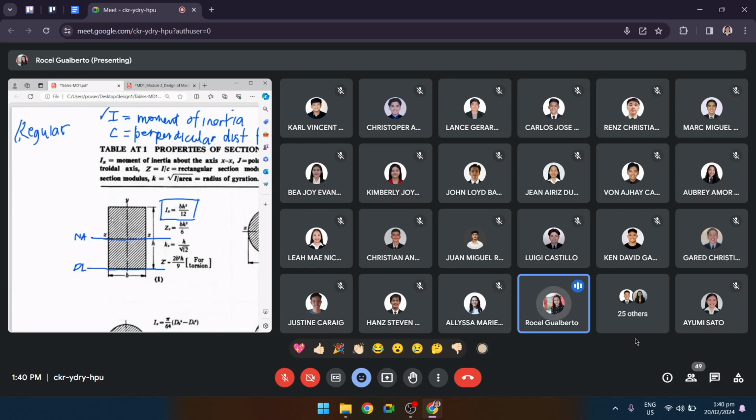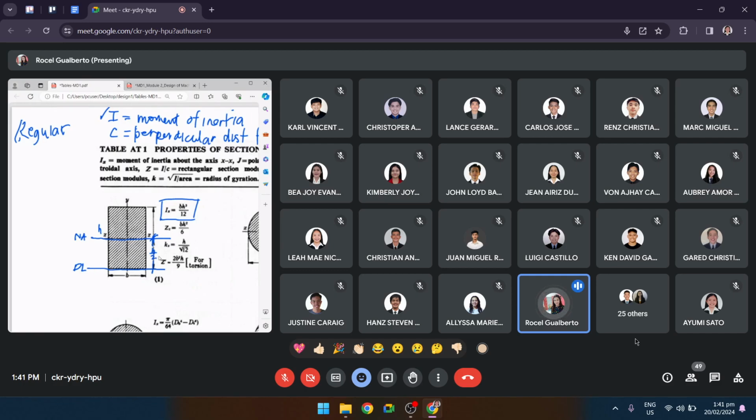If we are asked, where is the neutral axis in a rectangular cross section? If this is B and the height is H, your neutral axis is at a distance H over 2 from the datum line.